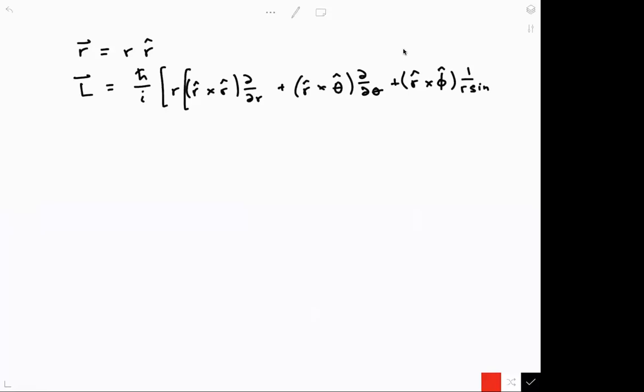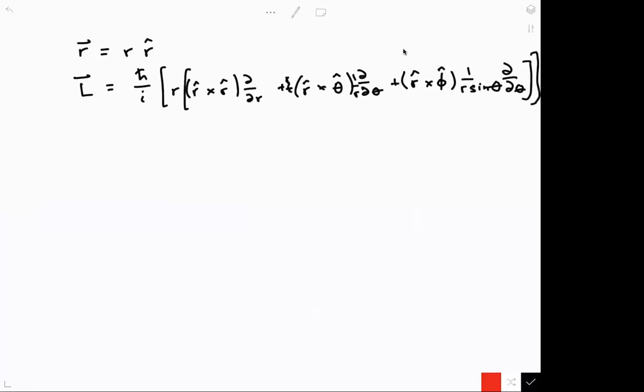Oh, that's where I'm missing stuff. I should have a 1 over r here as well. There we go. So this r cancels out with that 1 over r and this 1 over r. Sine theta, d theta. All right, get all that stuff in there.